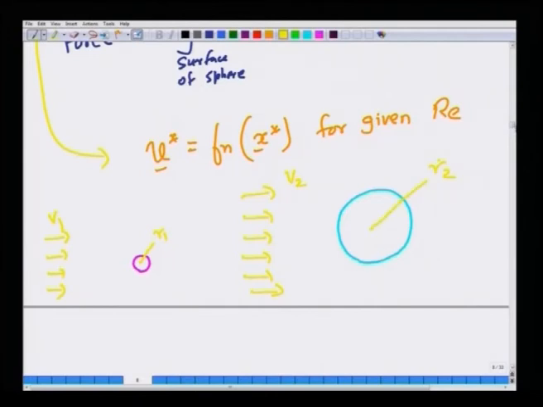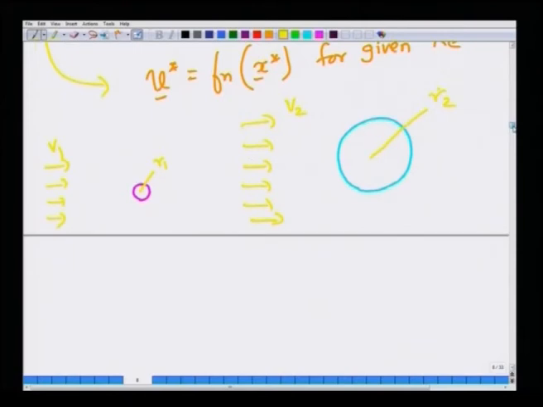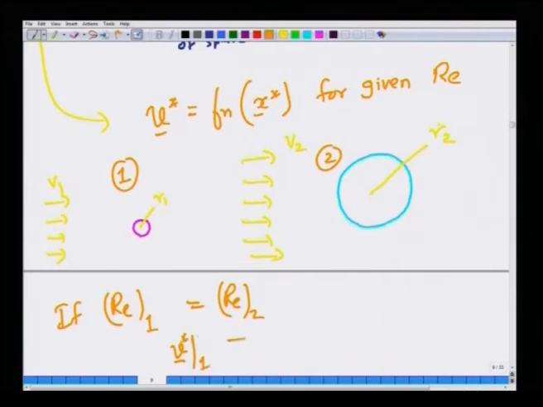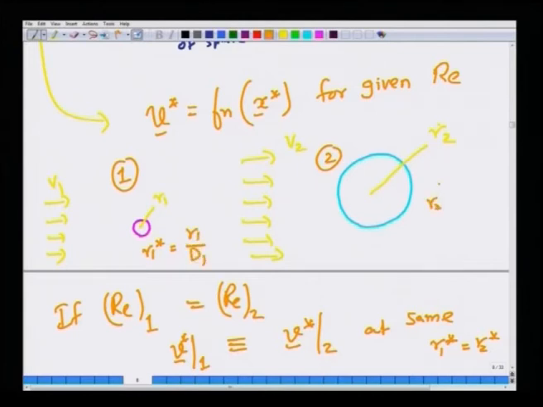Okay. Now, if the Reynolds number is the same for these two problems, if Re for system 1, this is system 1, this is system 2, is the same as Re for system 2, then the non-dimensional velocity for system 1 will be identically equal to the non-dimensional velocity for system 2 at the same non-dimensional distance r star, that is, r 1 star is r 2 star. r 1 star is nothing but r 1 divided by d 1, the diameter of the tiny sphere. r 2 star is nothing but r 2 divided by the diameter of the bigger sphere.